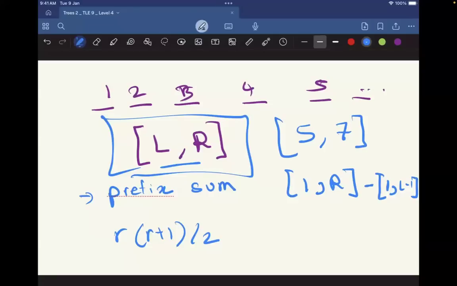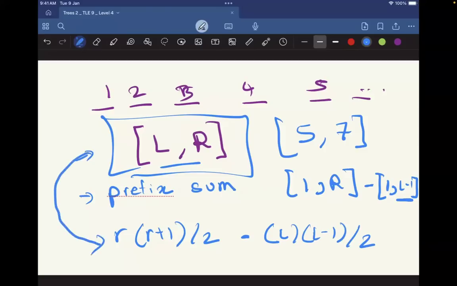If I know the sum from 1 to R, and if I subtract the sum from 1 to L minus 1, I would have this sum. So the only thing I need to subtract here is L into L minus 1 divided by 2, because I want sum till L minus 1. L minus 1 plus 1 is L. So do you agree that the sum of numbers in range L to R is R into R plus 1 by 2 minus L into L minus 1 by 2? Is this much clear for every single one? Tell me, guys. Yes or no?